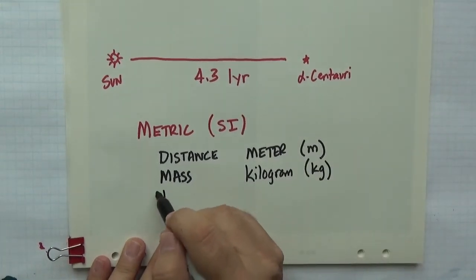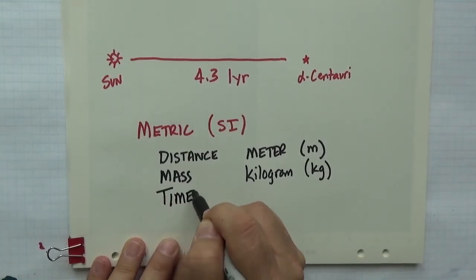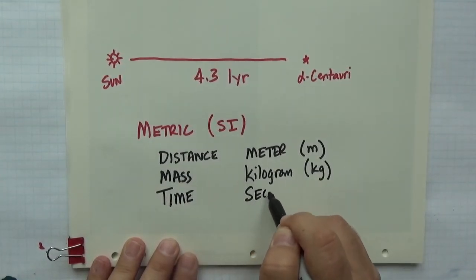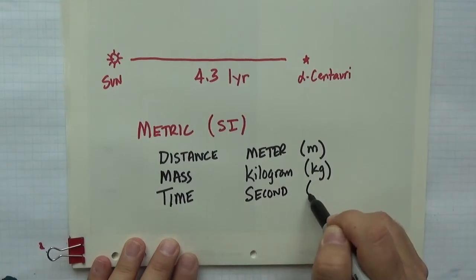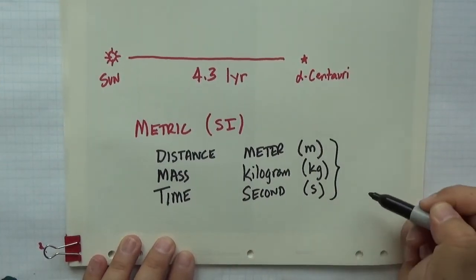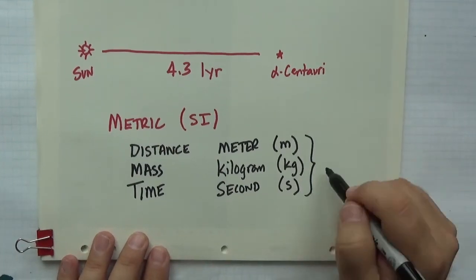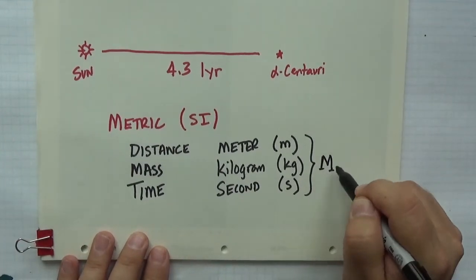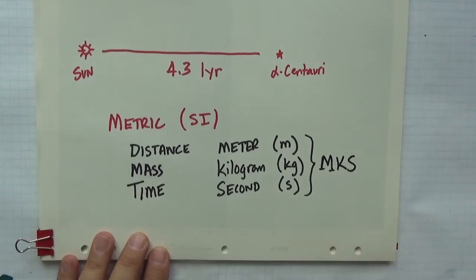And anytime you're measuring time, the fundamental unit is the second, and that's abbreviated s. Okay, and so here you can see the other name that we often use for the metric system. You'll often hear physicists or astronomers call this the MKS system, for meters, kilograms, and seconds.